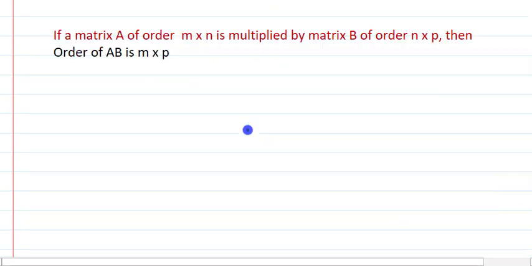Let us write the second observation. The second observation says, if a matrix A of order m by n is multiplied by a matrix B of order n by p, then the order of AB is m by p. Means number of rows of the first matrix by number of columns of the second matrix.